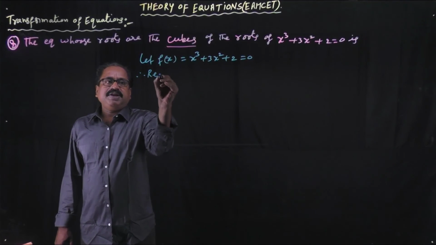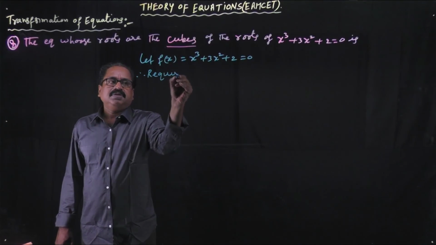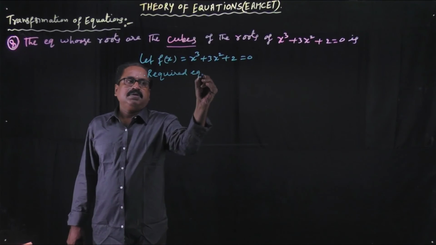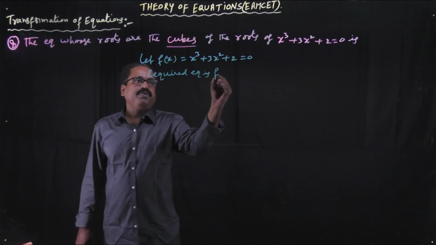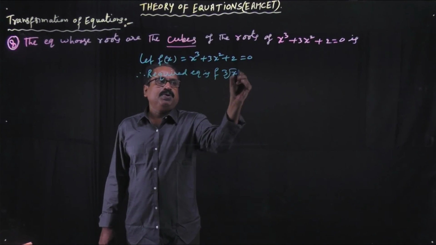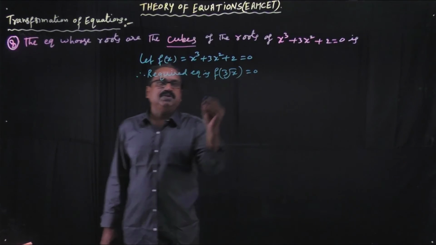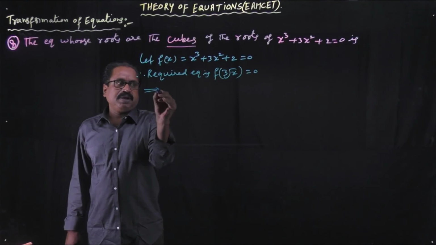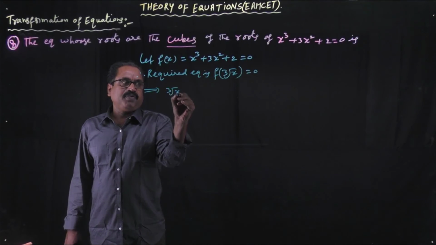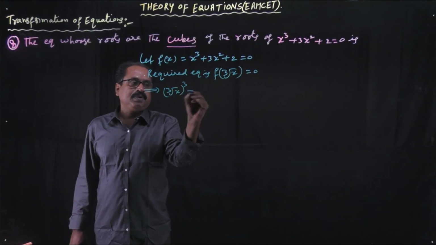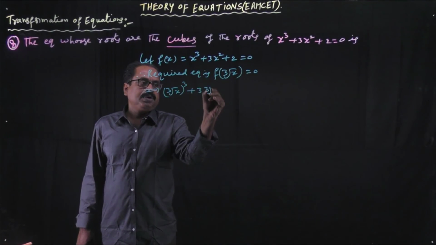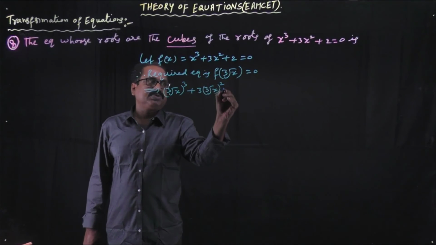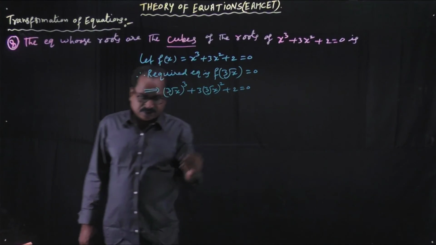Therefore, required equation is f of cube root of x is equal to 0. So this implies cube root of x whole cube plus 3 into cube root of x whole square plus 2 is equal to 0.